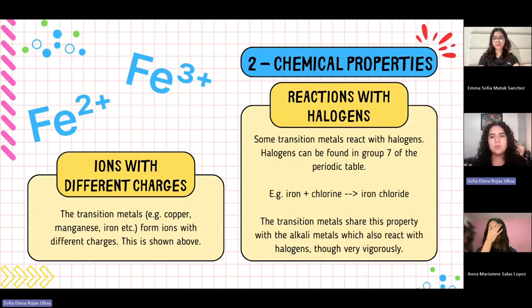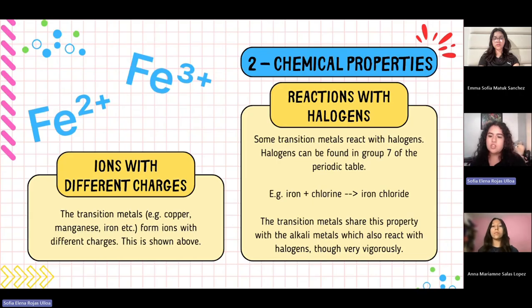Now, other parts of the chemical properties are the reaction with halogens and ions with different charges. Some transition metals react with halogens. Halogens can be found in group 7 of the periodic table. An example is iron plus chlorine, that is iron chloride.